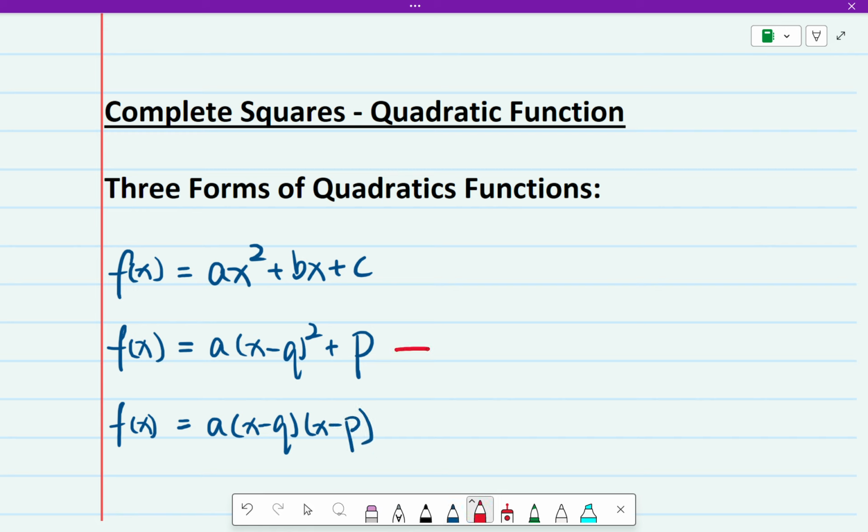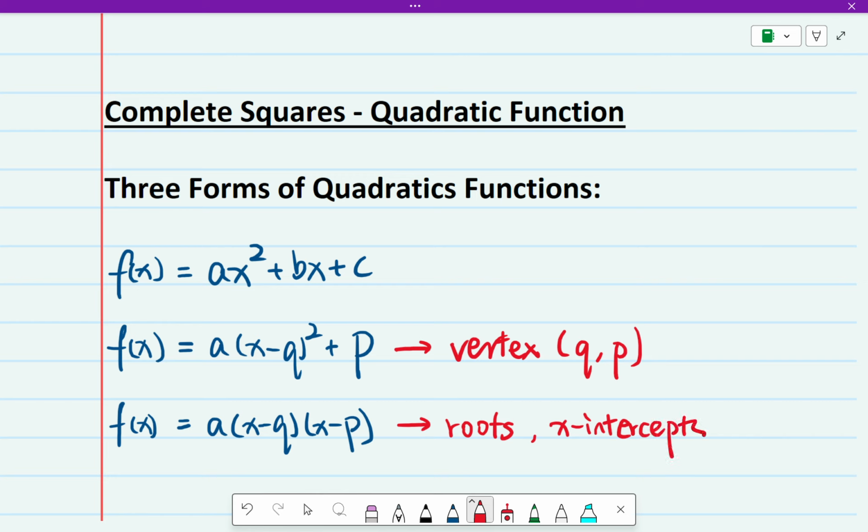The vertex form helps us identify the vertex right away, which is located at (q, p). The factor form helps us identify the roots of the function, or the x-intercepts, on the graph, which are located at (q, 0) and (p, 0).